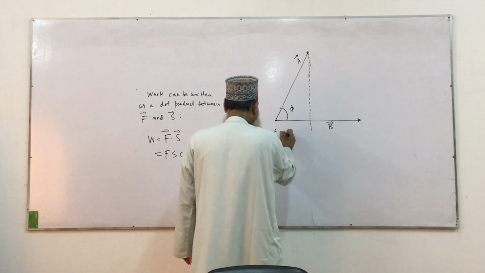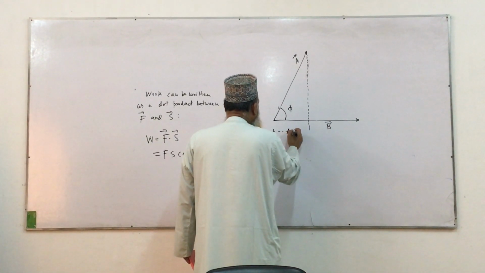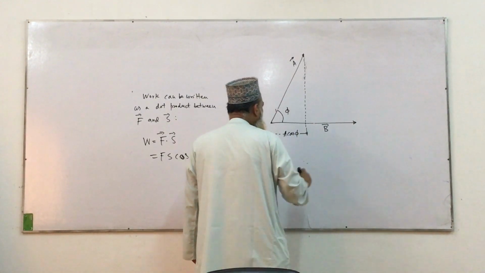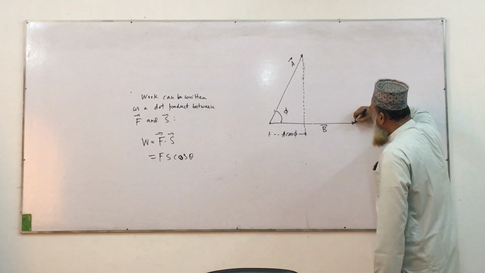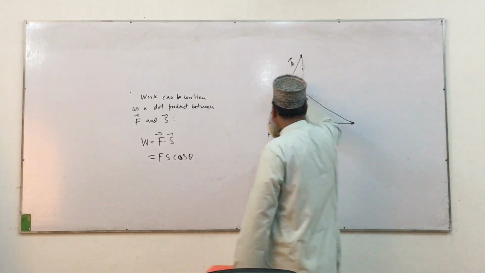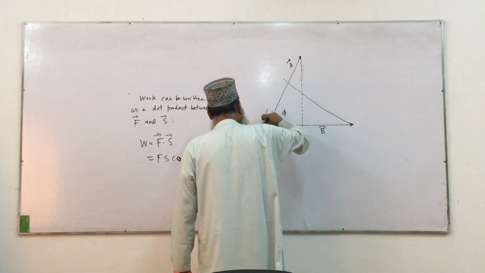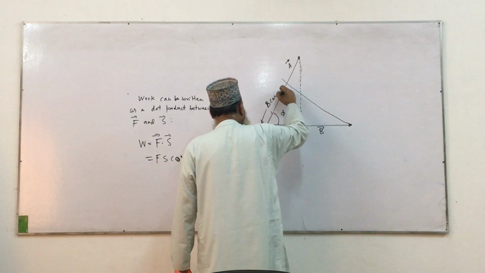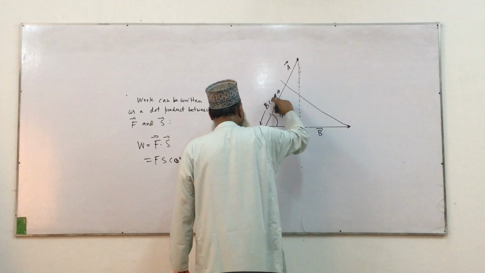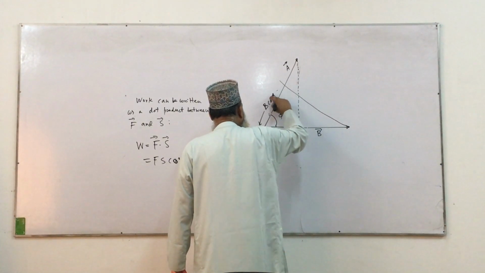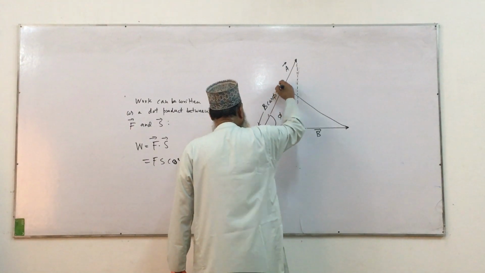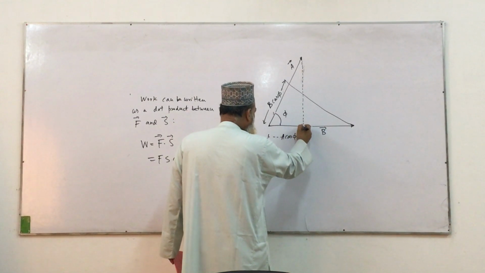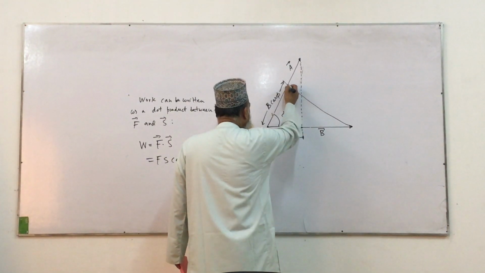So this is A cos phi. Again, this is B cos phi. So you can draw an arrow here also because you can make it a vector.